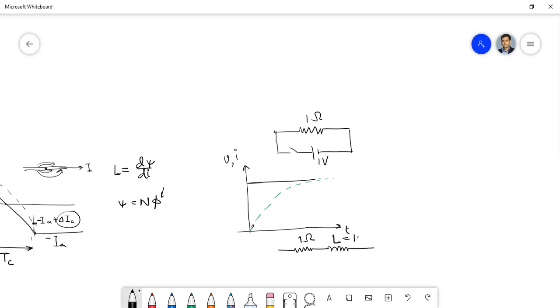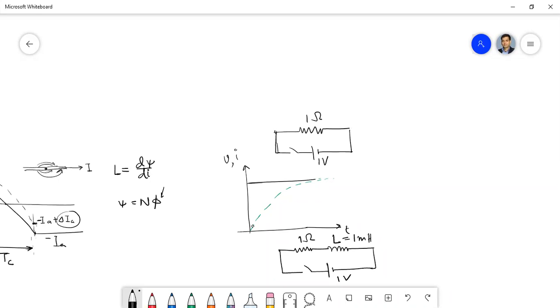Inductance is, suppose, 1 millihenry, and the voltage is the same. So the difference between these two circuits is only the inductance. What will be the final current in these two circuits, can you tell me?